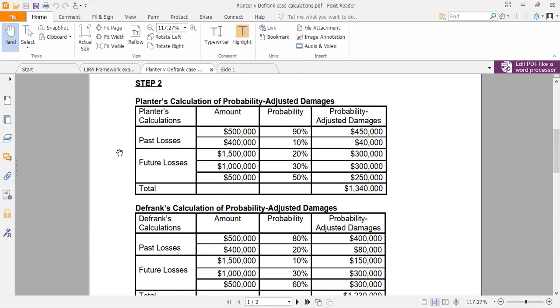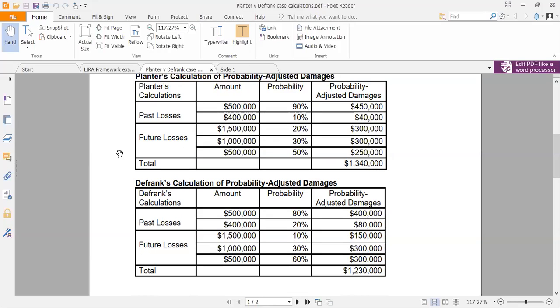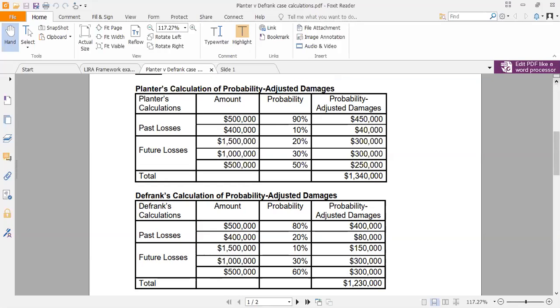So step 2 is you want to calculate the probability adjusted damages. And so first you're going to see the table with the plaintiff's calculations and then the defendant's calculations. So this is just plugging in the numbers that we presented before. So you can see that the past losses, plaintiff's lawyer has estimated that there's a 90% probability of proving $500,000, a 10% probability of proving $400,000.